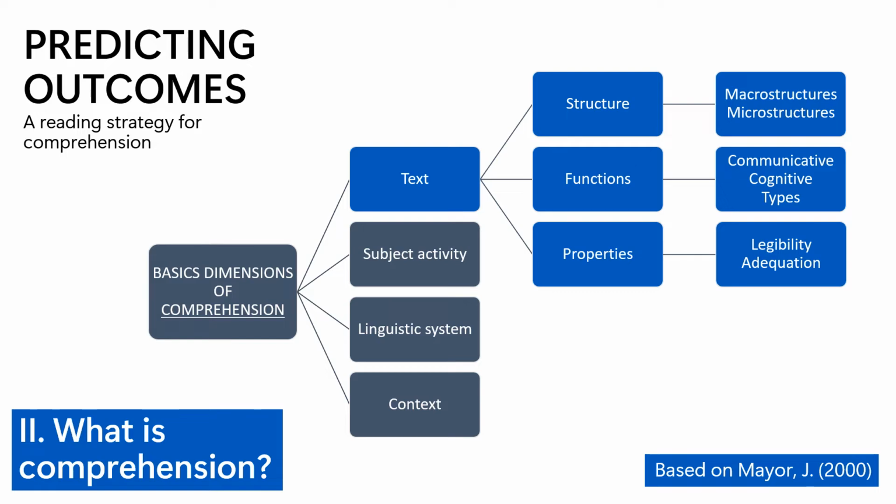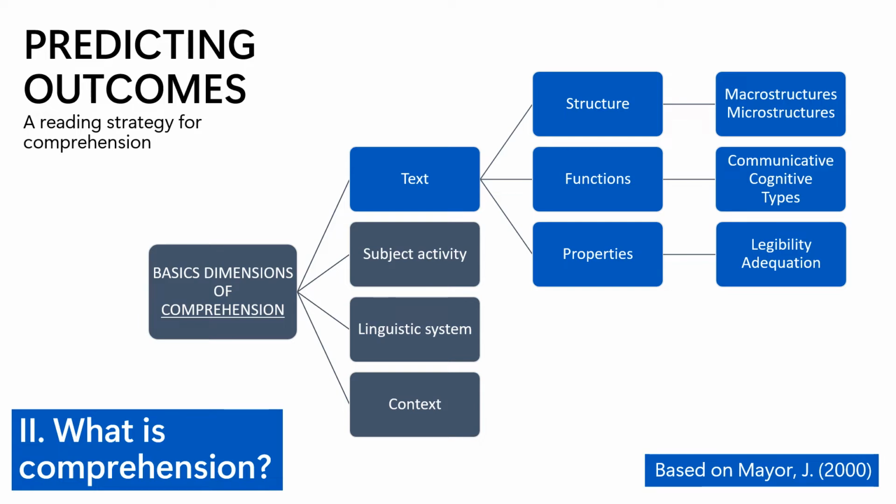There are 4 levels involved in that complex process of comprehension. As you see, the rectangles in gray color are the reader, and the rectangles in blue color are the writer, because these are the texts.